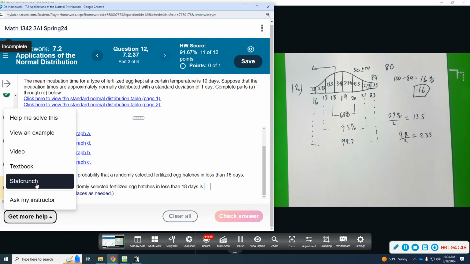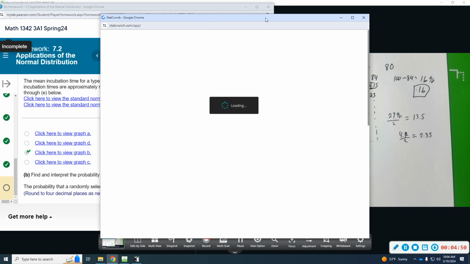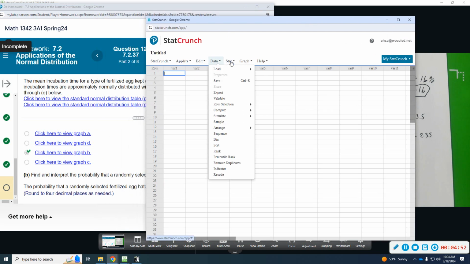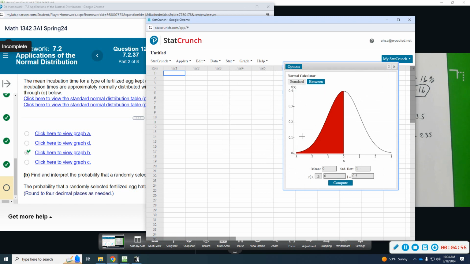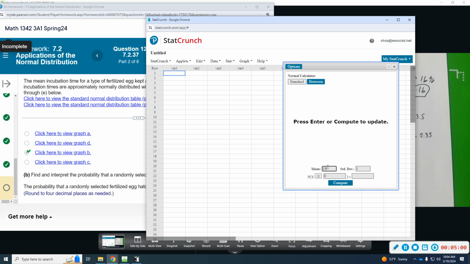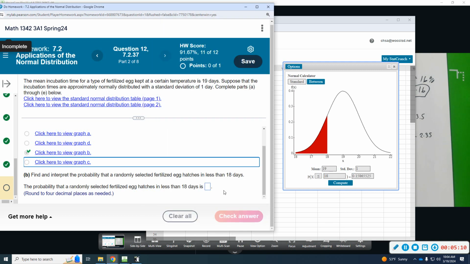If we did that with StatCrunch, you should also get 16. But Stat Calculator's normal, area to the left, we're going to do mean 19, standard deviation 1, we want the left of 18. You see you get 0.1586 when we round to 4 decimal places.